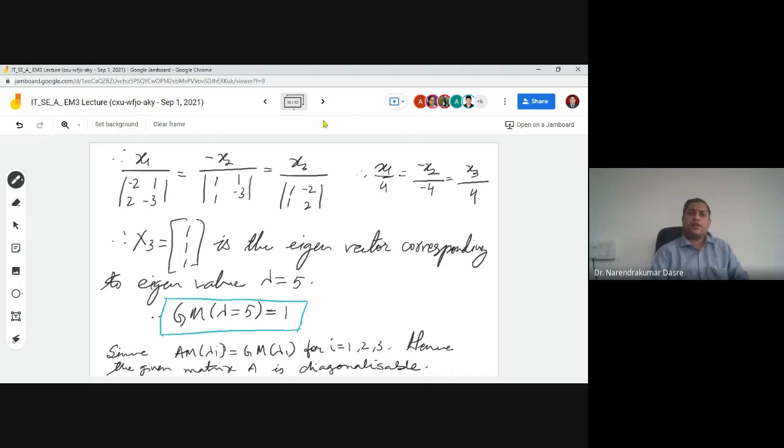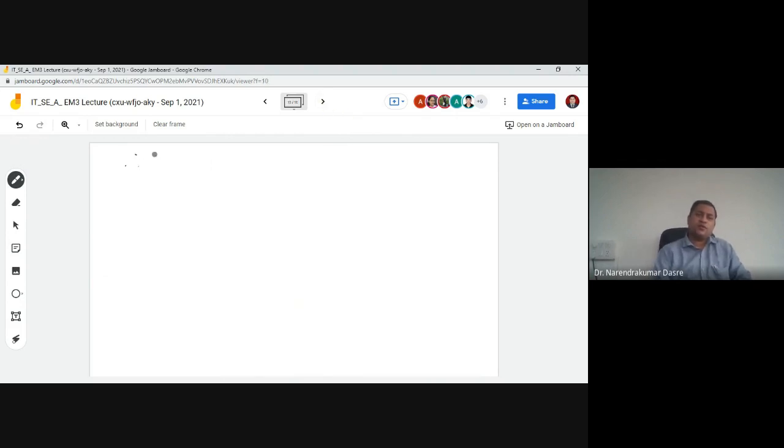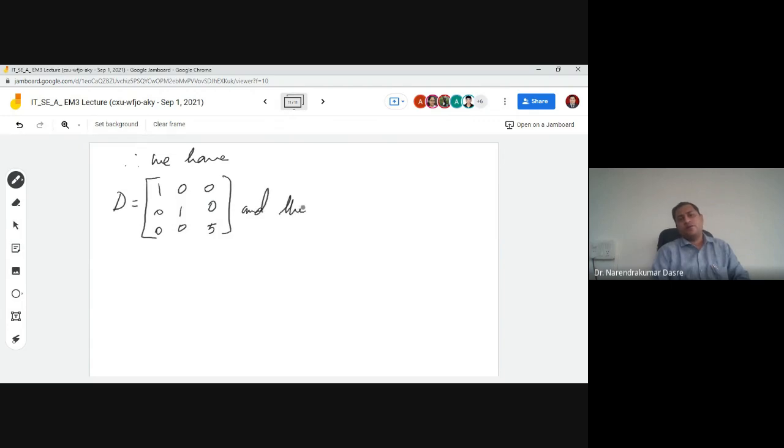Okay, so if it is diagonalizable, then we have to write the diagonal form and the transforming matrix. So D for the diagonal form is 1 0 0, 0 1 0, 0 0 5.